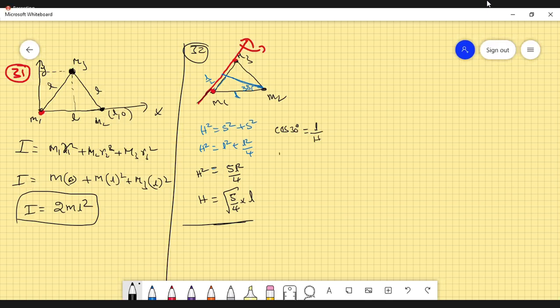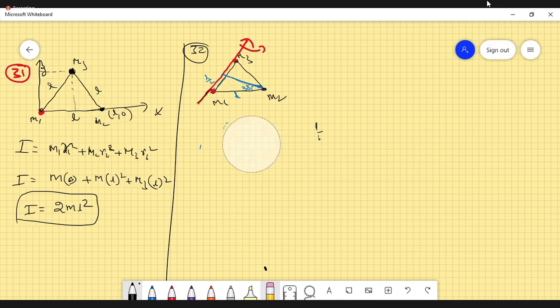Therefore h equals how much? Root 3 by 2. Sir, that L is hypotenuse only, no, sir? Yeah, L is hypotenuse, correct. L is hypotenuse. We missed it.